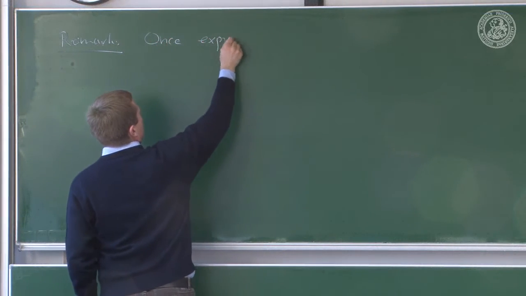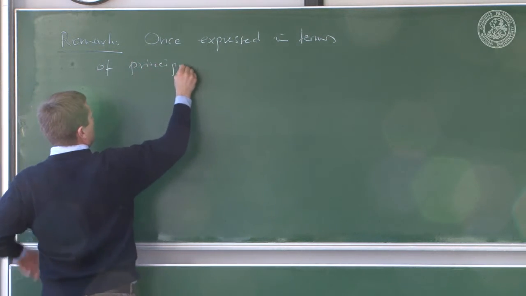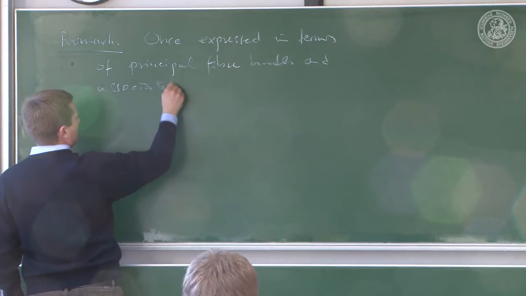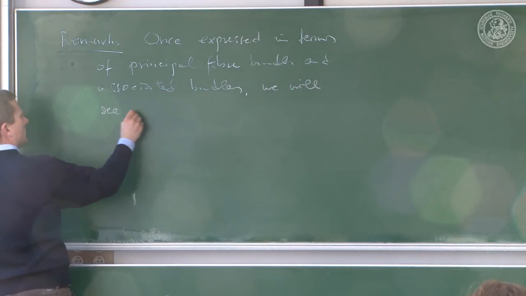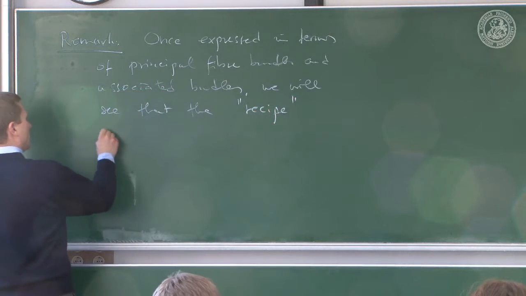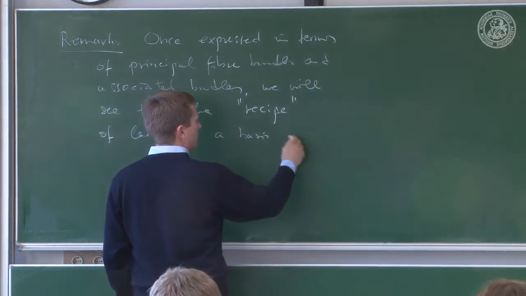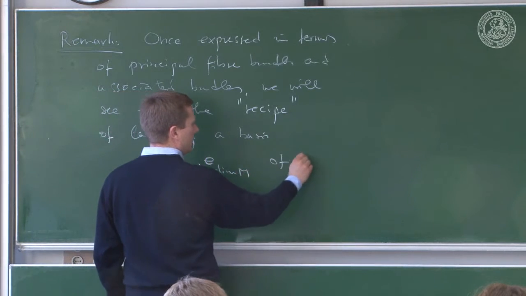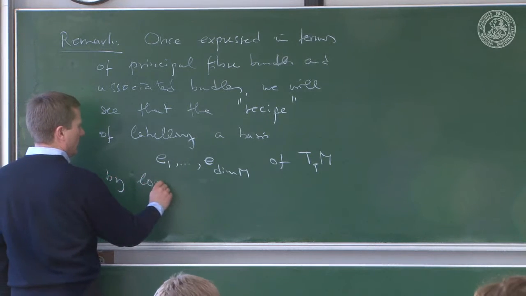Once expressed in terms of principal fiber bundles and associated bundles, we will see that the recipe of labeling a basis of a tangent space, a basis E1 to E dim M of the tangent spaces of some manifold, by lower indices.